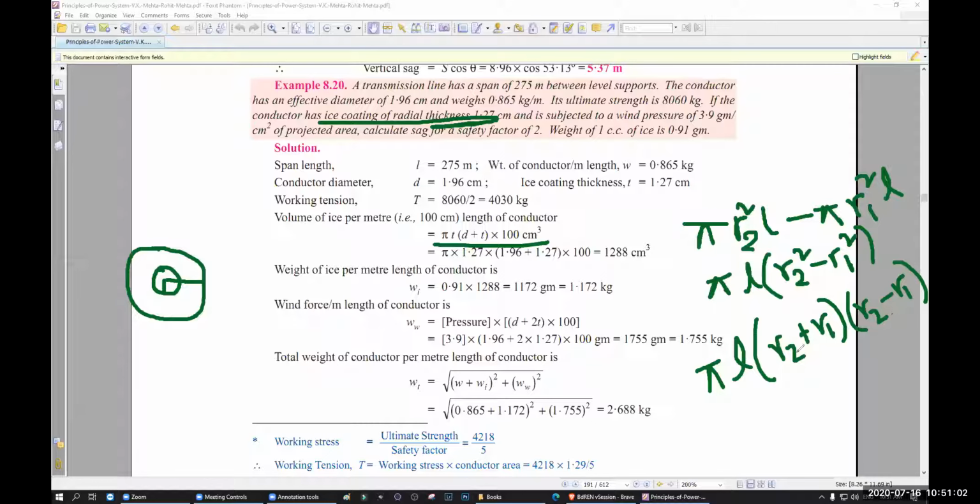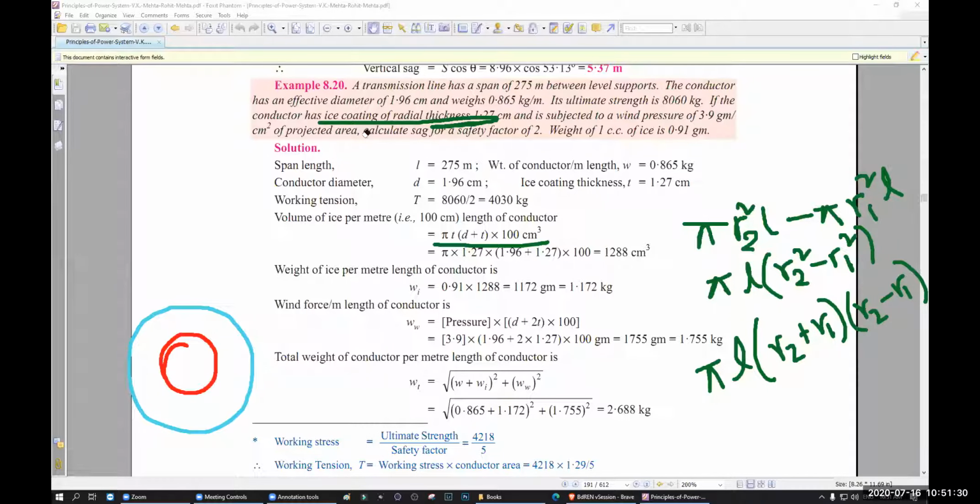Now this one is R1 plus R2, that means diameter plus T. So look at this. This is the conductor, and this is the ice.